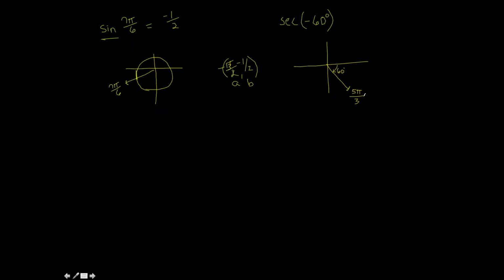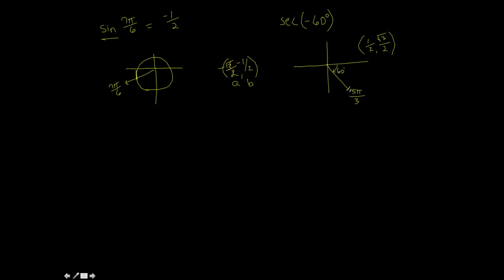So that would be 5 pi over 3. So, with pi over 3s, remember, all pi over 3s carry this particular form. The only thing different is the signs.